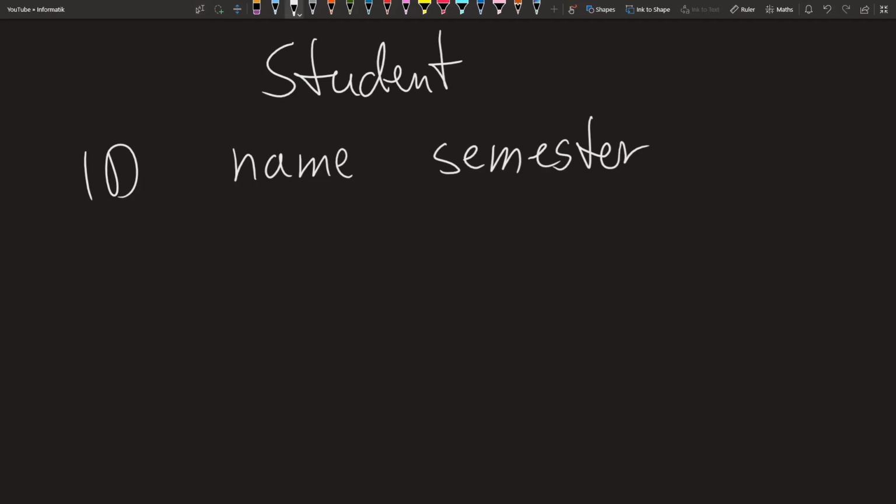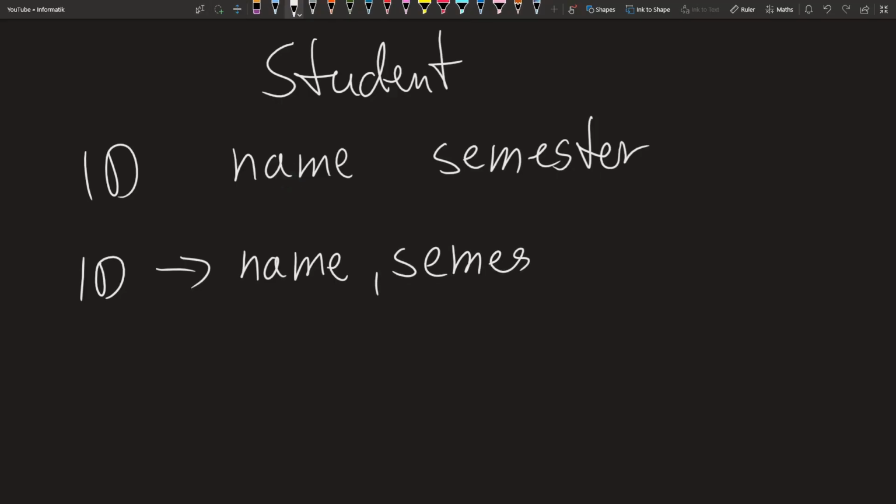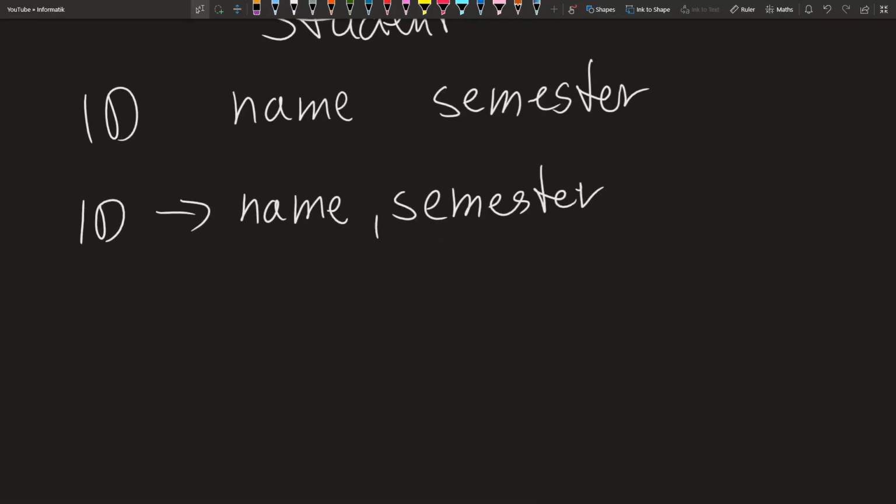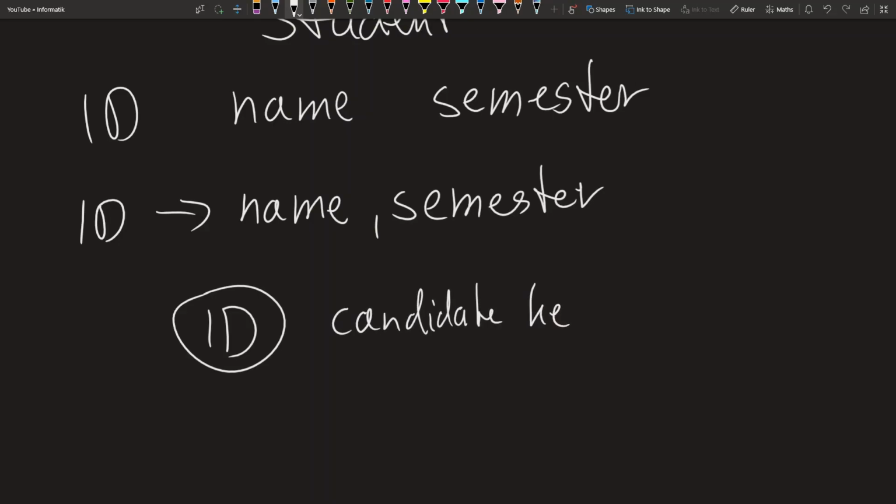There we can say that if you have the ID, you can determine the name and also the semester. So yes, in this example, ID would be our candidate key. With our ID, we can determine name and semester. Good.